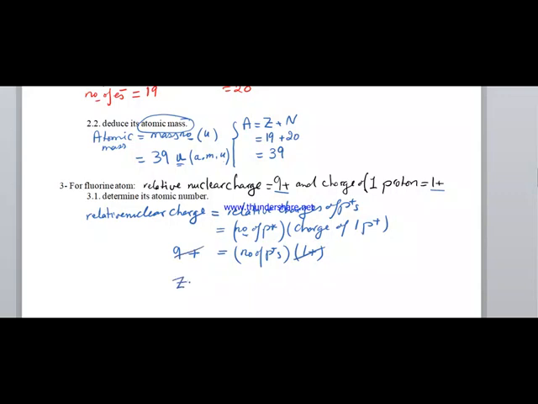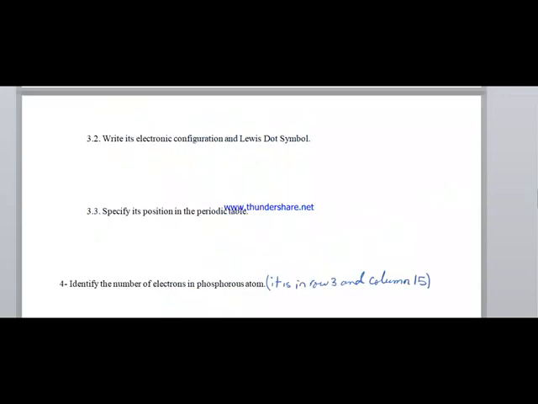So the atomic number is equal to 9. We deduce the atomic number of fluorine is equal to 9.